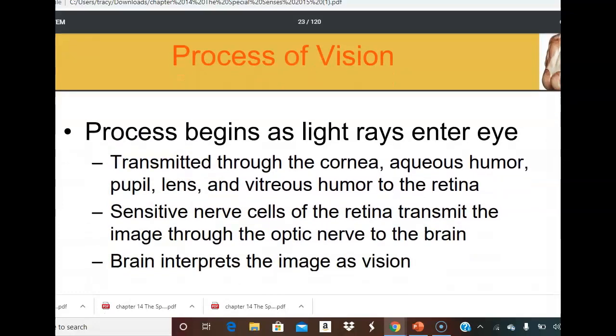All right, so let's recap a little bit on the process of vision. Light rays enter, they're transmitted through the cornea first. Then we have to go through which aids in bending or refracting the light. Then we have the aqueous humor, that's the fluid in front. Then the light actually goes through the pupil. Then it has to be transmitted through the lens, which can either flatten or contract to help aid in accommodating that light through.